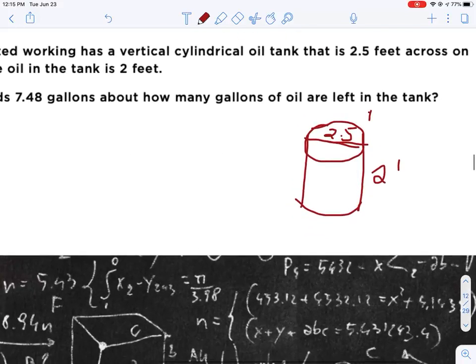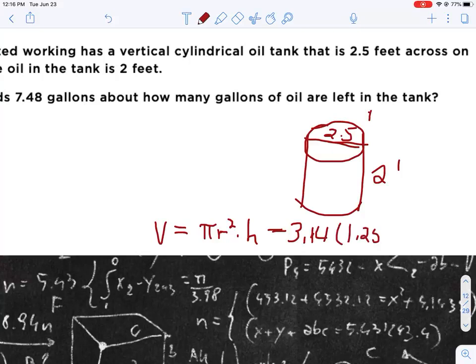Okay, so let's do some math. The volume of any cylinder is the area of the top times the height. That is pi r squared, the area of a circle, times the height. So that's going to be 3.14. Now they said it's 2.5 feet across, so that means the radius is 1.25.